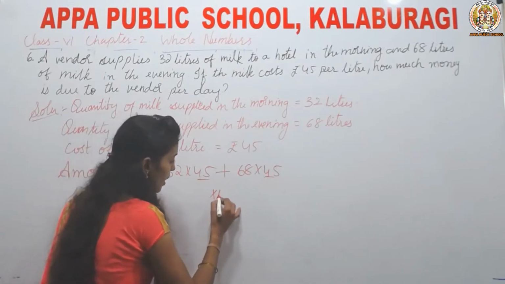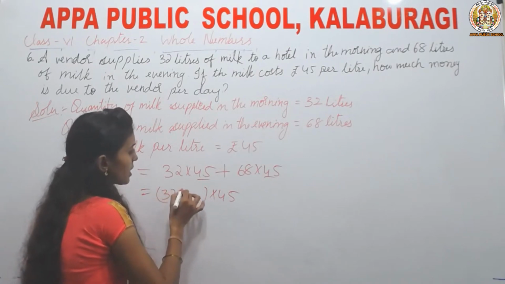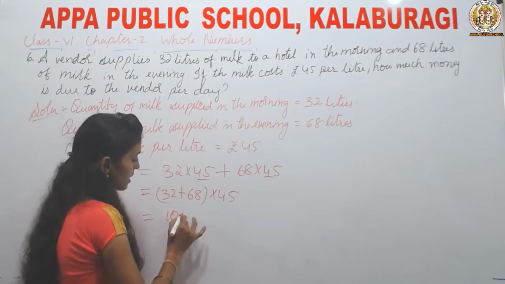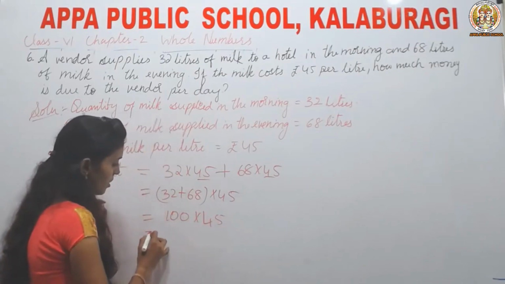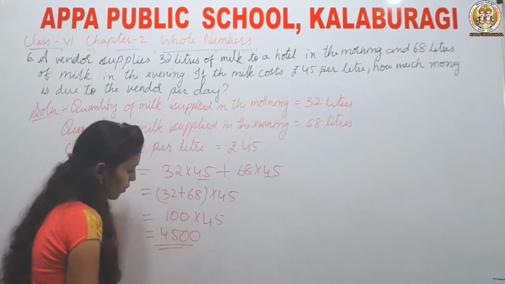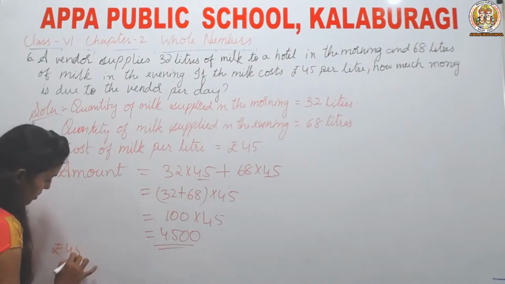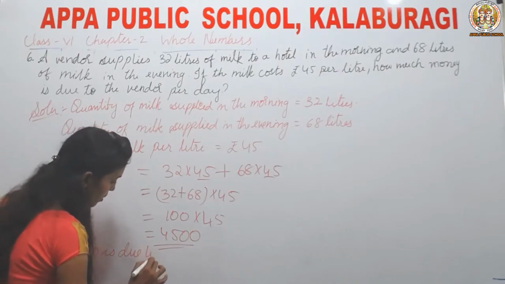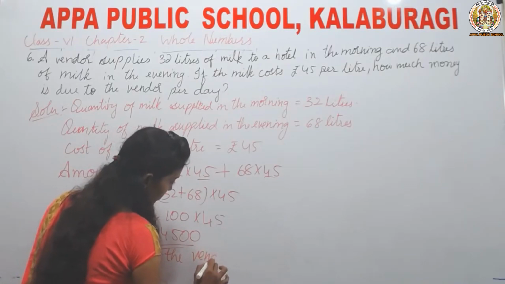So keep that 45 outside. So we will remain with 32 plus 68. 32 plus 68 is nothing but 100 into 45, which is 4,500. So therefore, rupees 4,500 is due to the vendor per day.